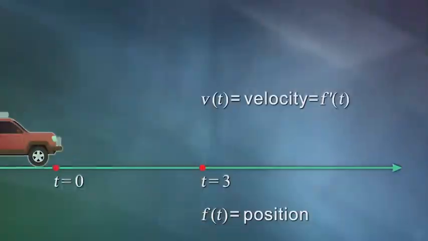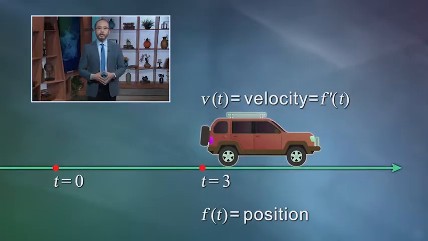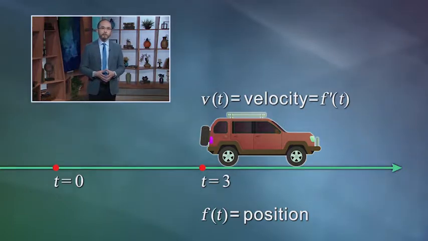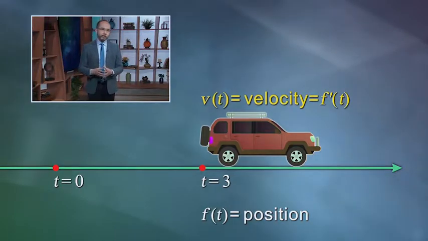Sometimes when referring to the derivative, we just omit writing the time parameter and just say f prime. For instance, f of t could be the position of a car at time t. The rate of change of position of the car may also change with respect to time, so it is a function. We usually call that the velocity of the car.